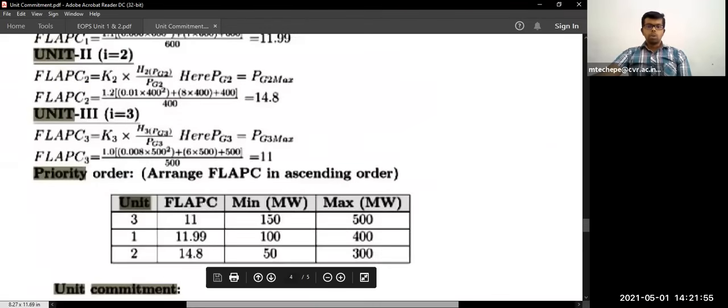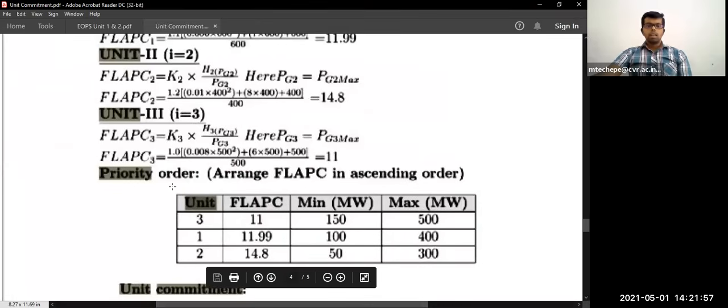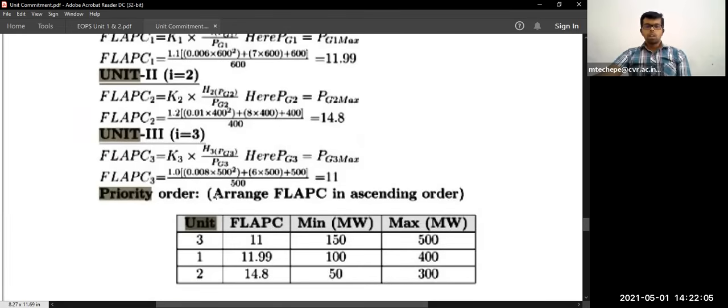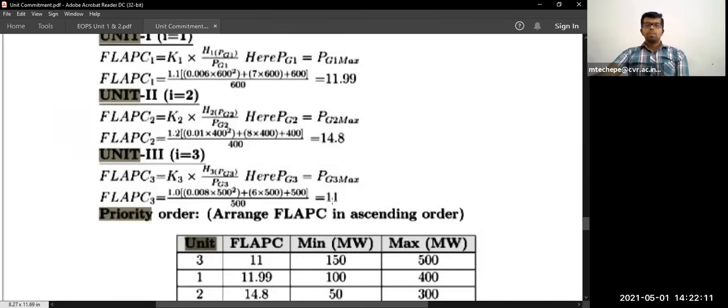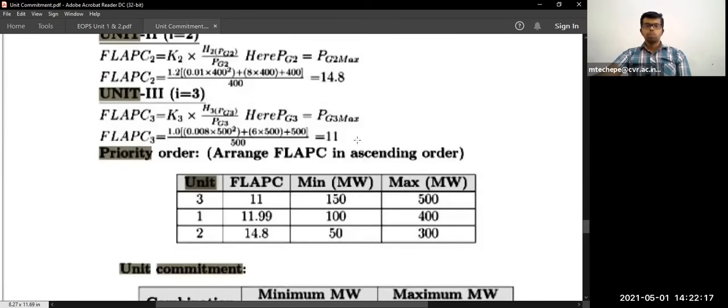Next, what we have to do is sort. First, we have to form the priority order. For forming this priority order, we have to arrange the FLAPC in ascending order. Ascending order means first is FLAPC3, second one is FLAPC1, and third one is FLAPC2.